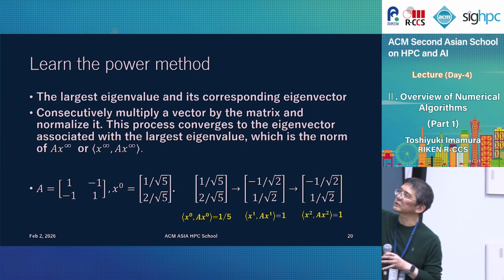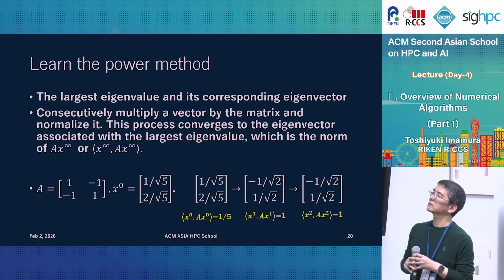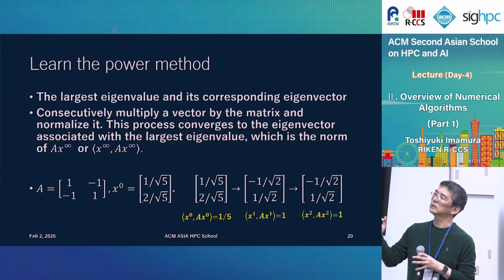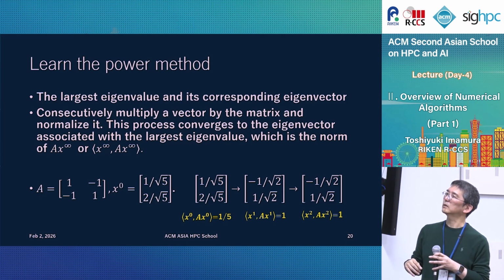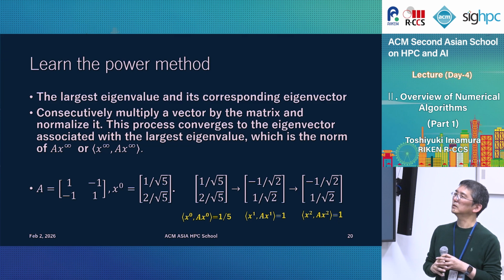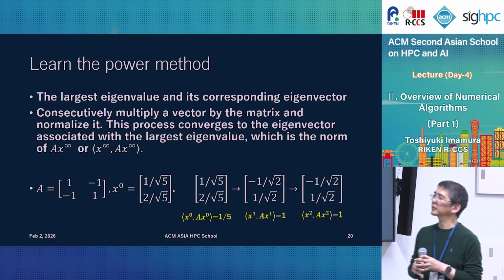Here, largest does not mean only the positive number, so it includes negative. So we should consider the absolute value of the eigenvalues.